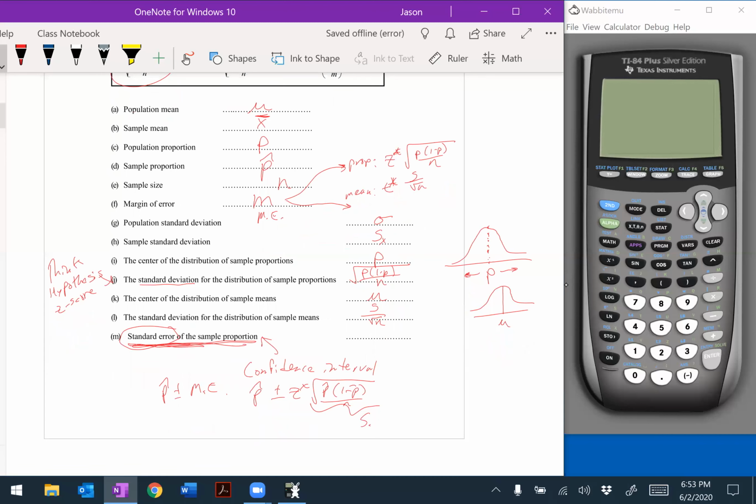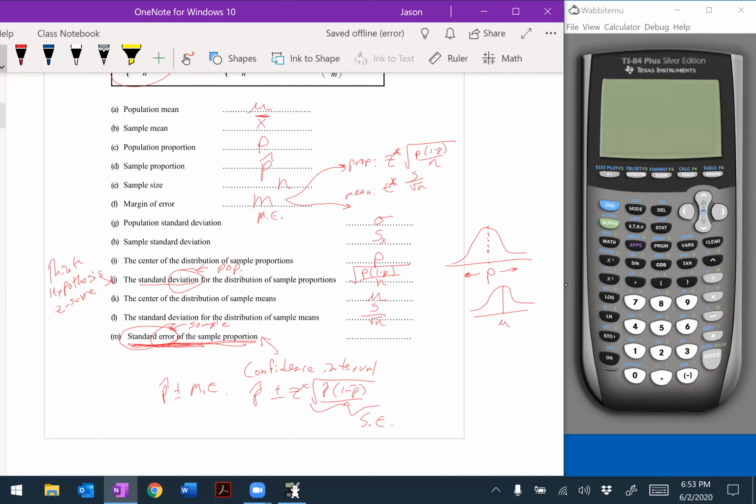Well, that's the standard error. So you want to think in terms of confidence interval, standard error. They're not calling it a standard deviation, they're calling it a standard error. The standard deviation is always based on the population. The standard error is always based on the sample.